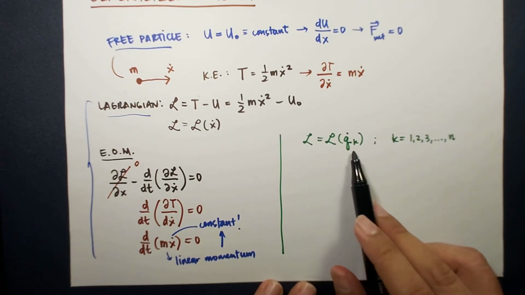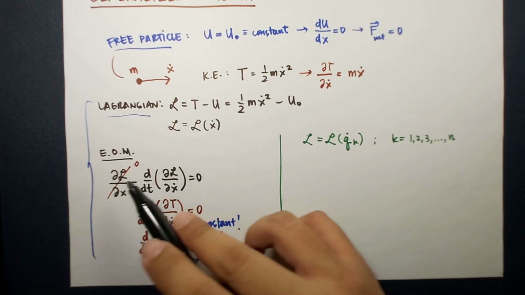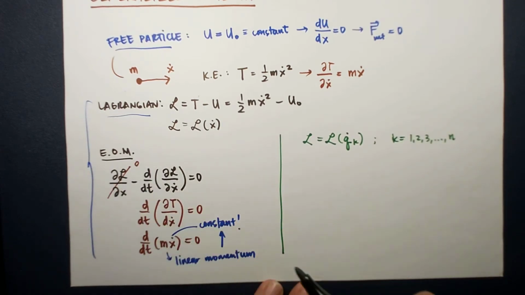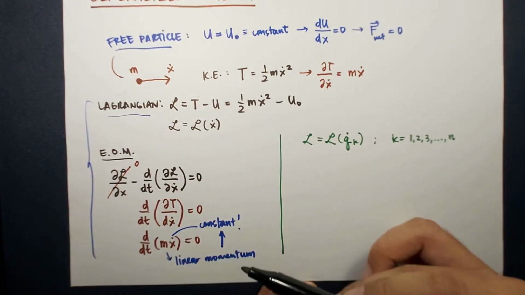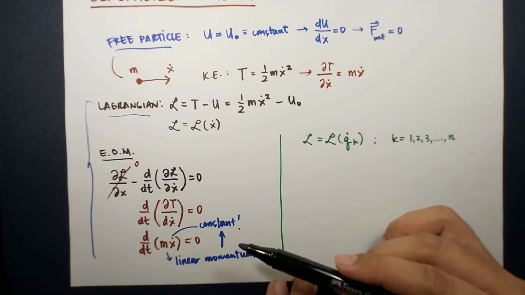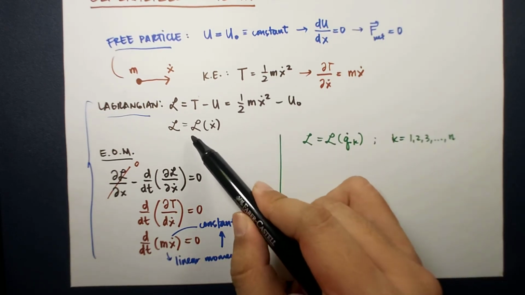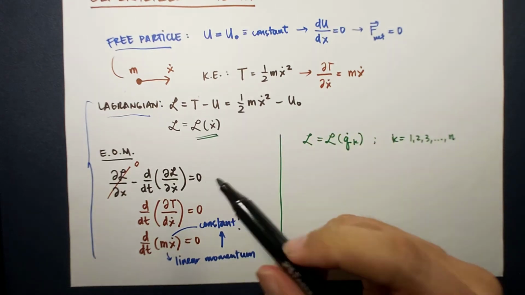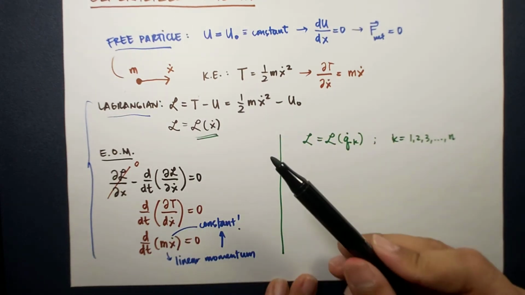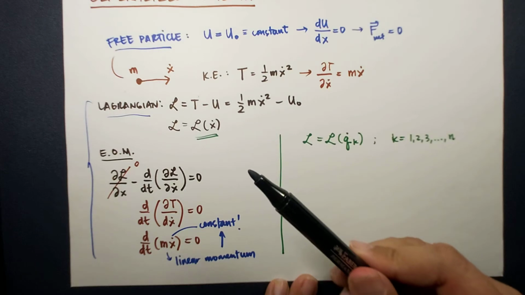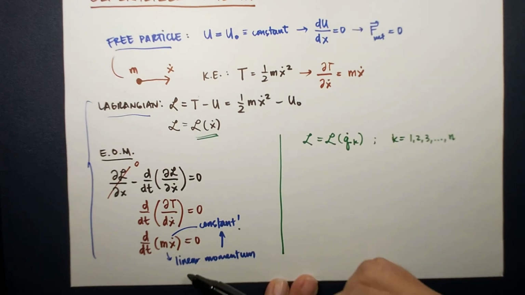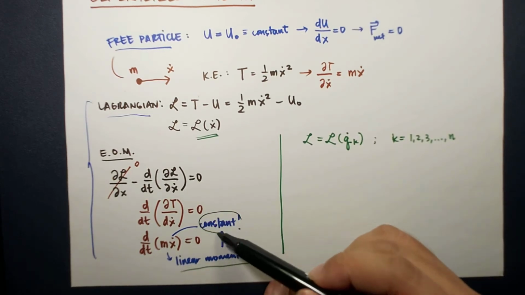This tells us that a solution to the equation of motion, the Euler-Lagrange equation, leads to a constancy of a quantity that can be identified with the momentum of the system, referred to the missing coordinate. In our illustration earlier, the missing coordinate in the Lagrangian is x. So the associated momentum along that coordinate, our linear momentum, would be constant.